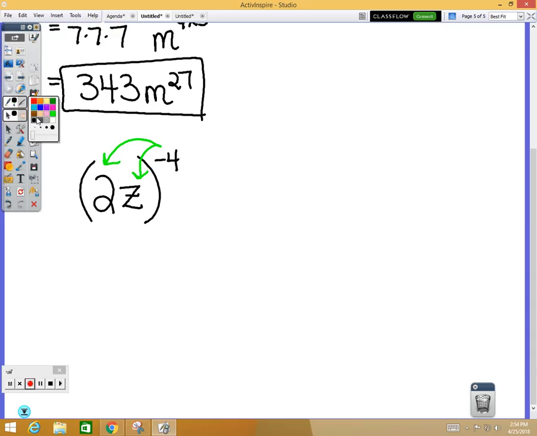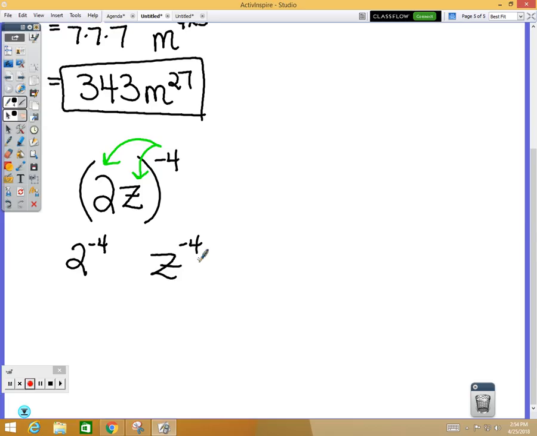So if we think about what 2 to the negative fourth power is, and what z to the negative fourth power is, we want to end this with only positive exponents, and we also want to end this so that any bases that are numbers, we want to go ahead and multiply them out. So first of all, how would you write this so it doesn't have any negative exponents?